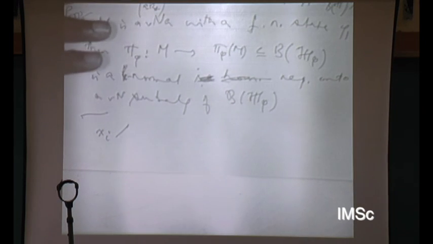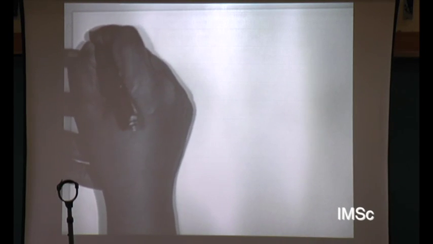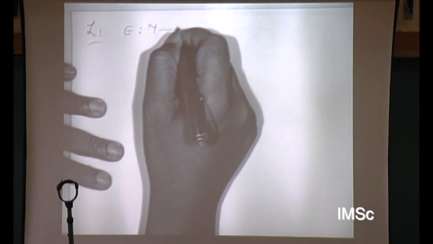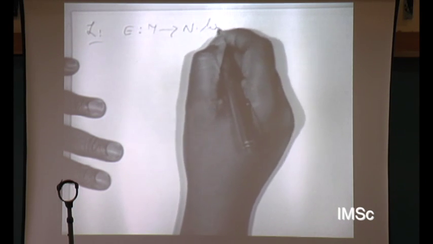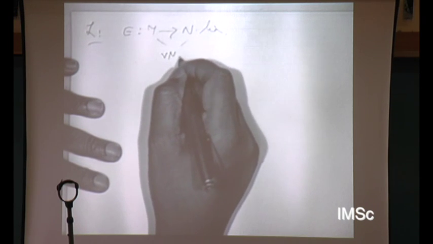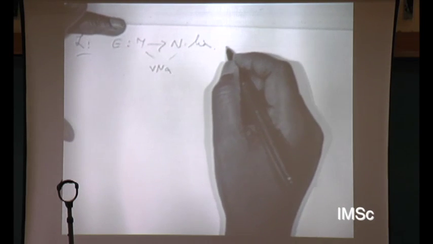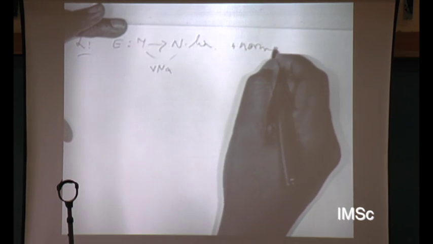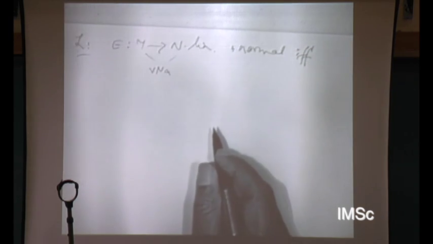So here's the exercise. Lemma. If I have E mapping M to N, linear, and I want to say E is normal, that is exactly the criterion I gave for functionals.